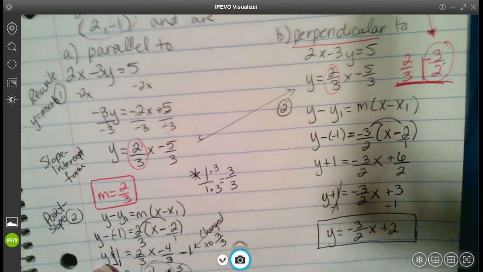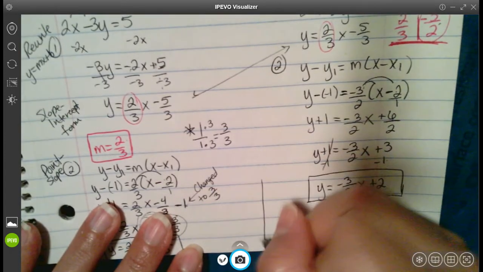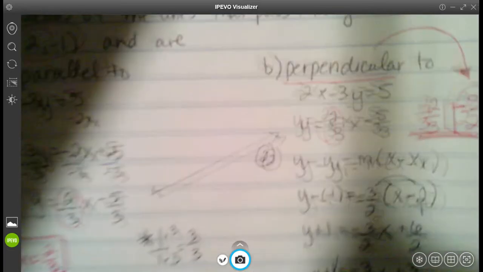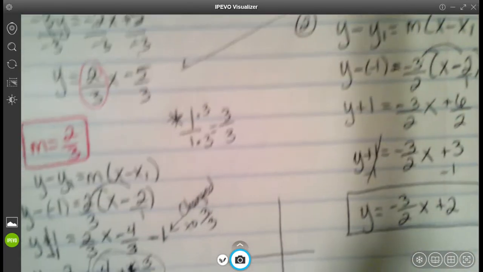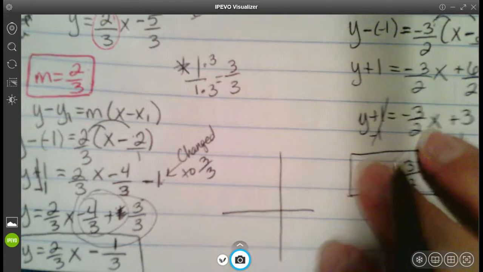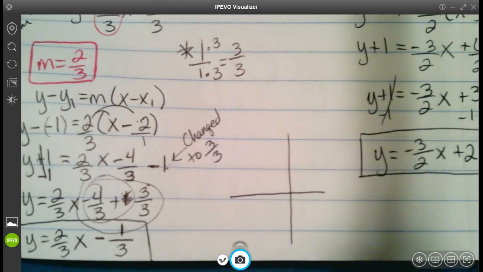Just because we can, if I were to graph this, and I'm going to see if I can zoom in on this part. Let's see. And this is just a super, super quick sketch, okay? So if I were to graph this really quickly, okay?